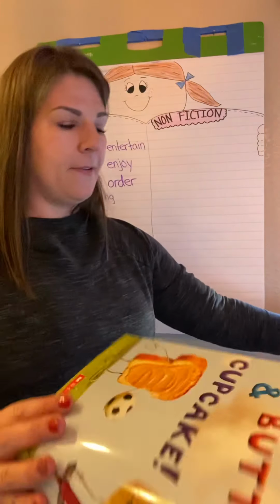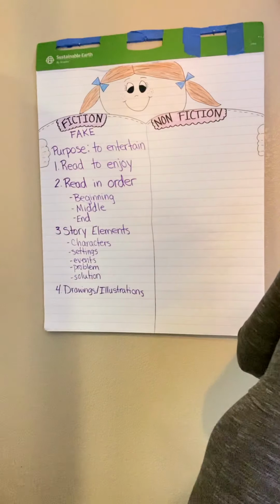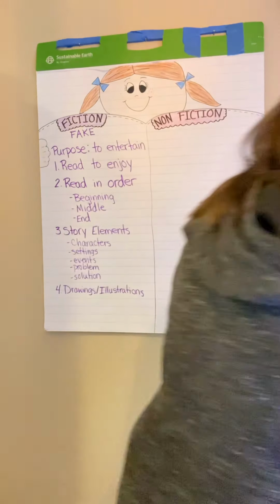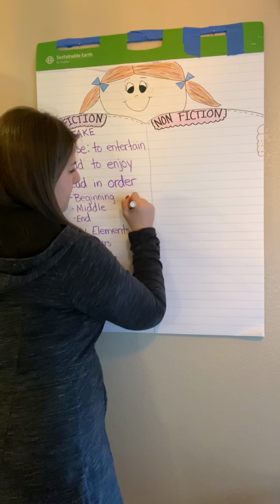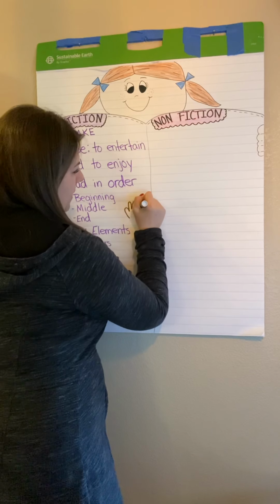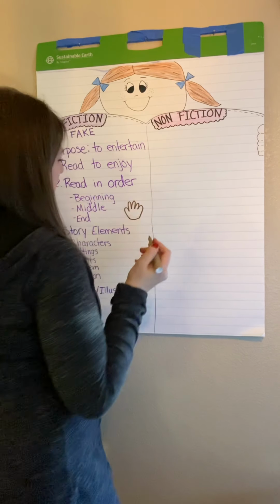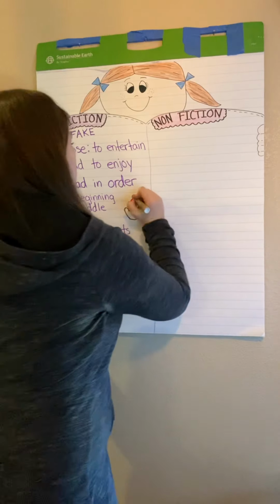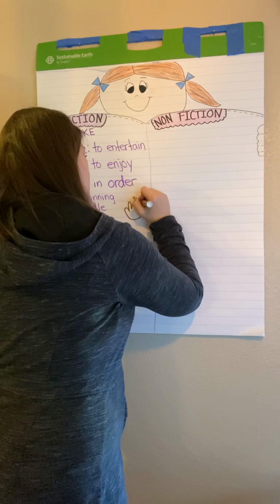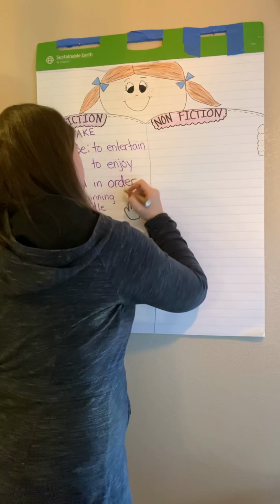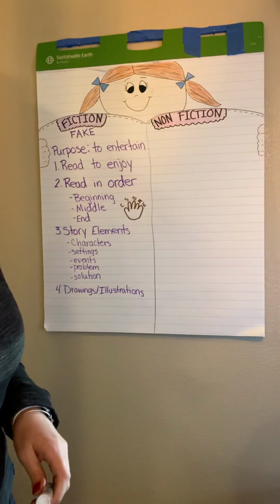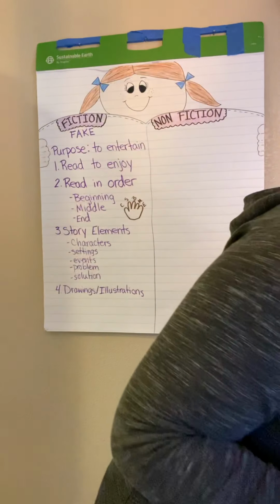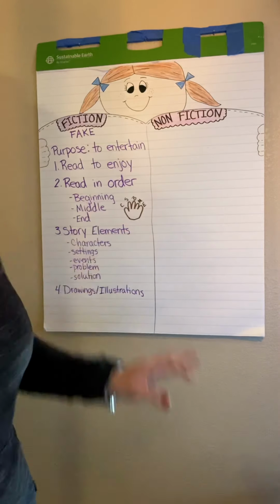Actually, I wanted to do one more thing. We have our story elements. This is like what we've been working on with our 5-finger retell, okay? So I want to put that in there because we have our beginning, middle, end. We have our characters and our setting, okay? Those we always have in fiction books, but I wanted that visual there, okay?